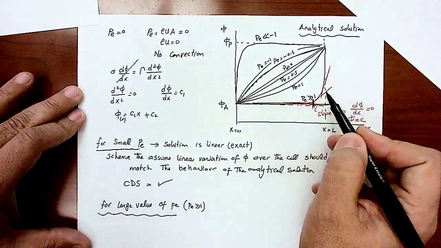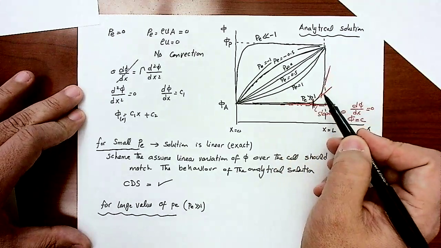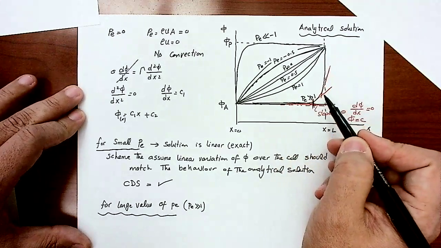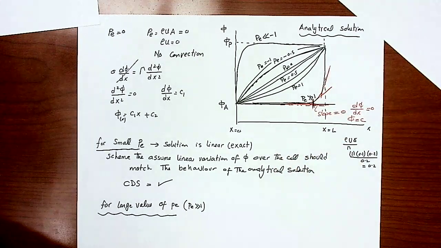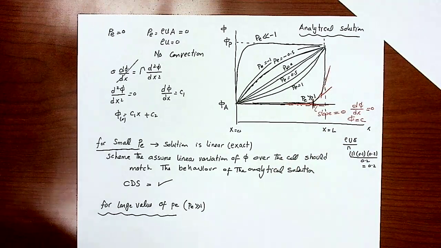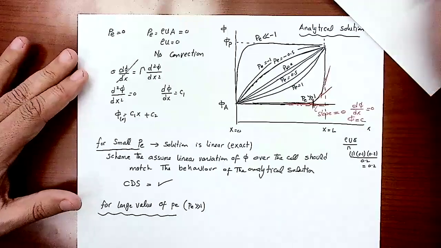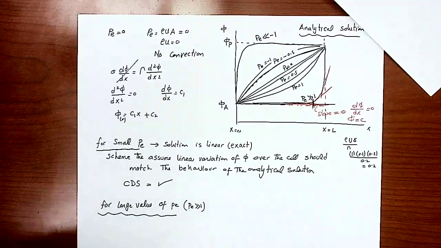This is a high Peclet number. What does that mean? The convection contribution is very high compared to the diffusion term. So some group of scientists came up with something called the hybrid Upwind scheme.